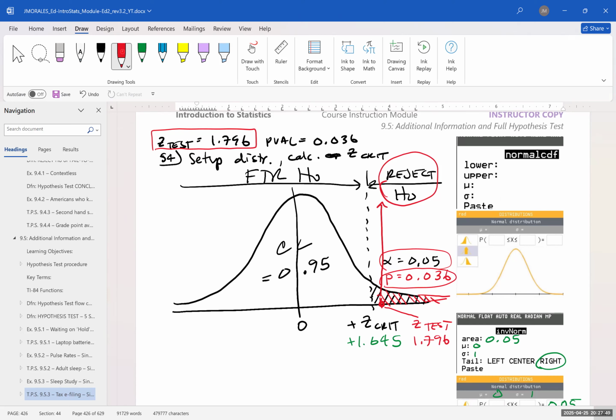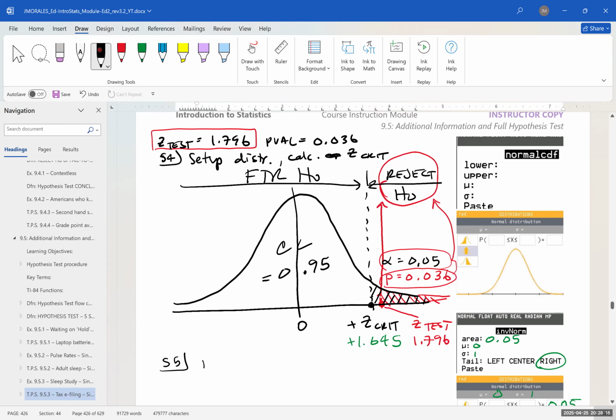Okay, so the fact that the p-value is smaller is pointing towards rejecting the null. So comparing areas, we're being told to reject the null. Comparing values on the number line is telling us the same thing. So let's move on to step 5.